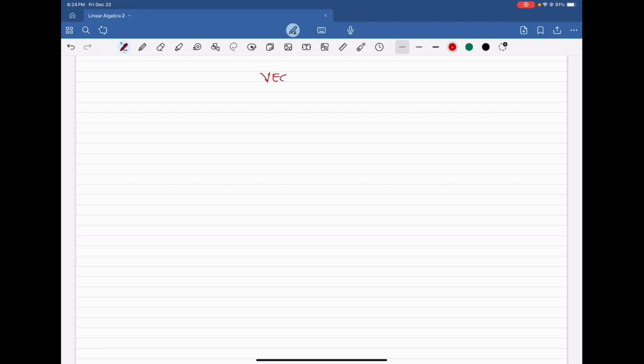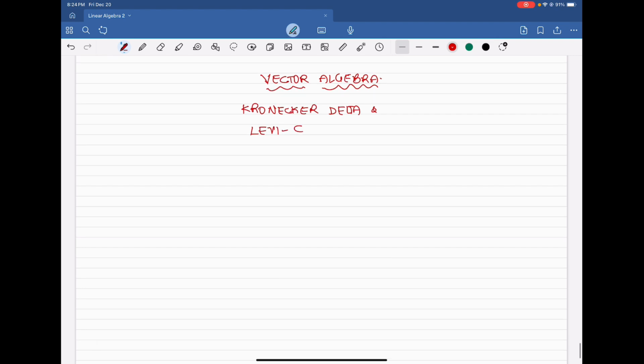Vector algebra is a very important concept. Kronecker delta and Levi-Civita symbol.